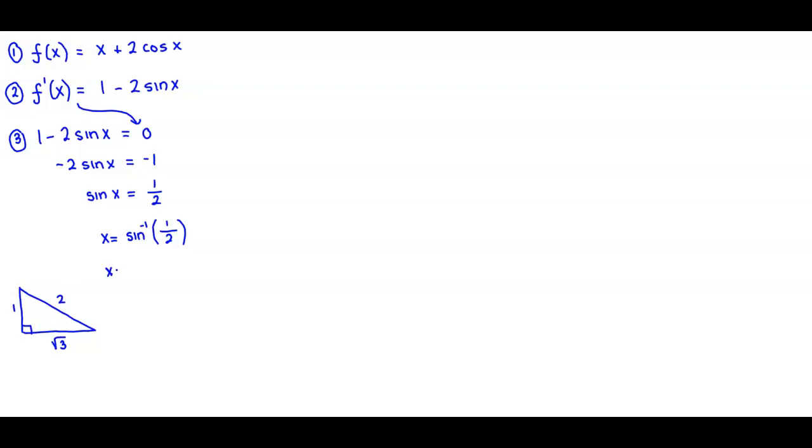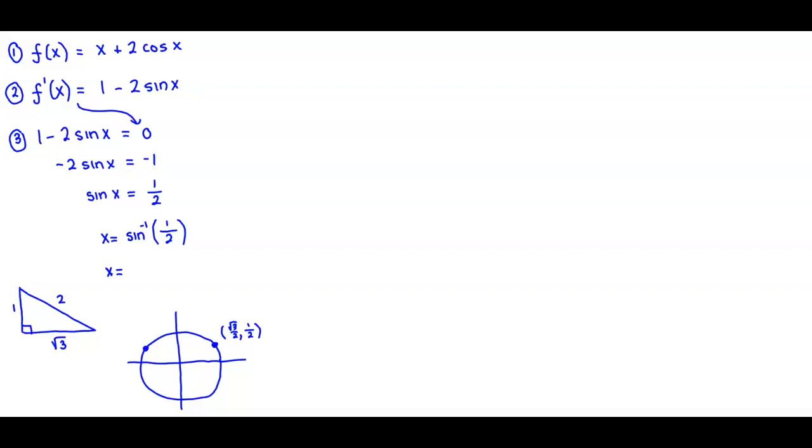Keep in mind that if you were looking at the unit circle, the value of x over r would be the square root of 3 over 2, and the value of y over r would be 1 over 2.